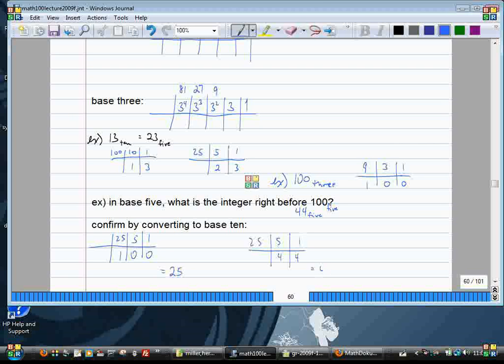This tells you that you've got 4 5s, which is 4 times 5, and then you've also got 4 1s, which is 4 times 1, and of course we add them together. So what does that give? 24. So when we write 44 in base 5, that is 24 in base 10, or in other words, the number that we're used to. And when we write 100 in base 5, what that really means in base 10 is 25.